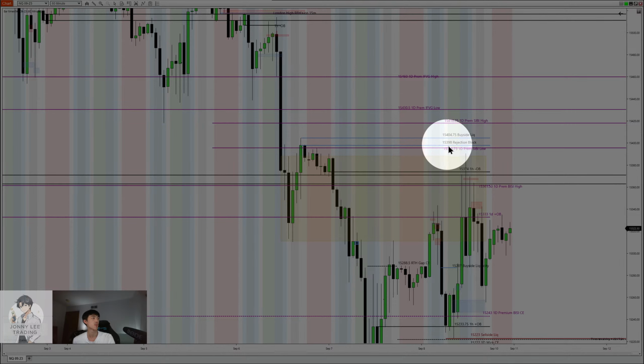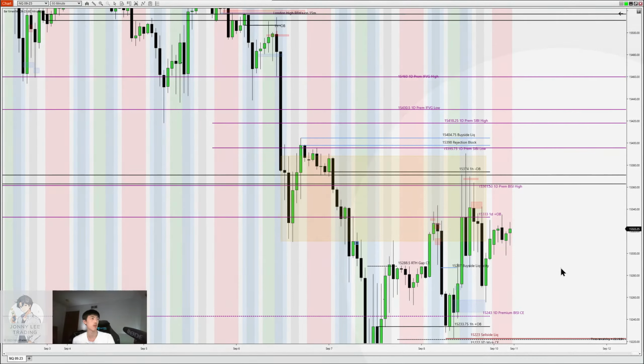We have a rejection block at 15,398, a previous buy side liquidity at 15,404.75. Those could all be easy liquidity grabs for price to go up in the beginning of the week and tap that. Given that we've got a very large economic event on Wednesday, I could totally see this trading up here and then wicking up into this wick fair value gap and then coming back down.